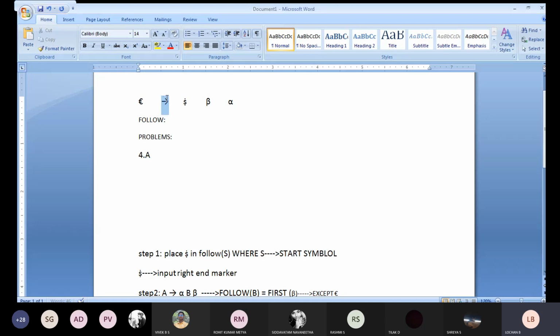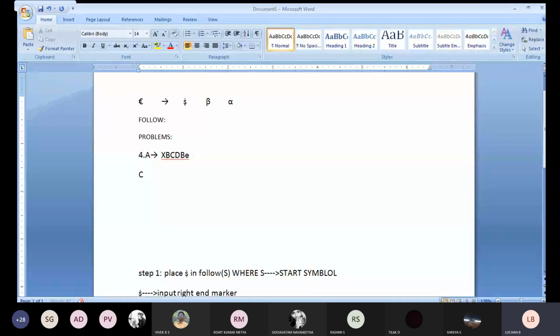A implies XBCD. Once again, I am going to take small e. So I am going to continue my production. C implies small c or epsilon. I am going to take epsilon.